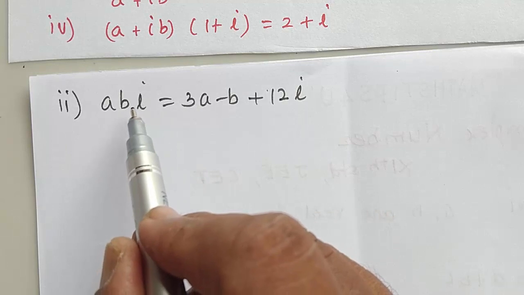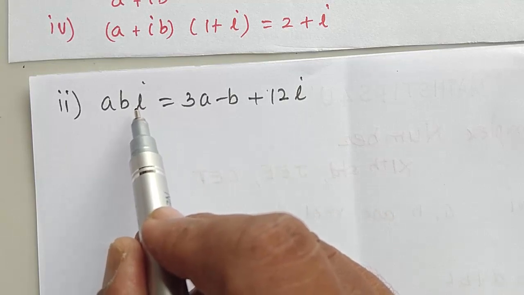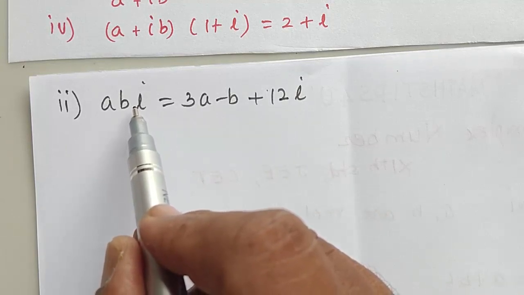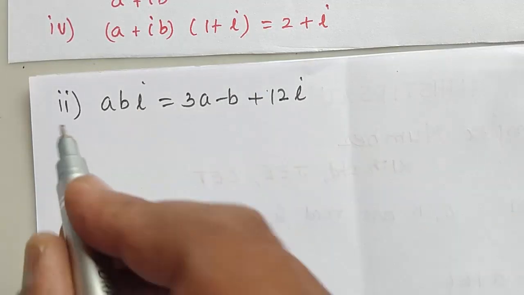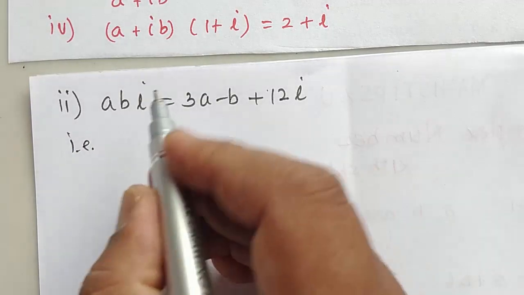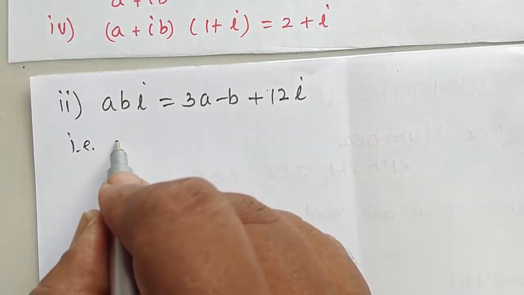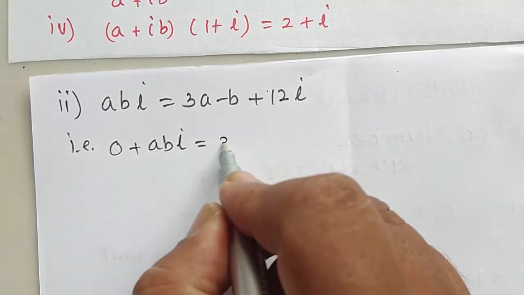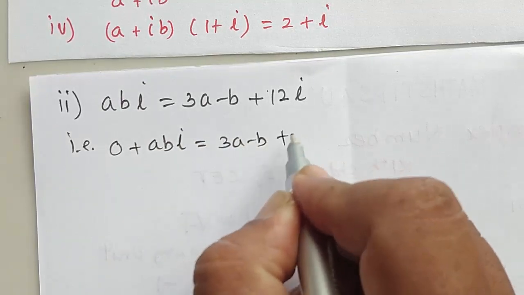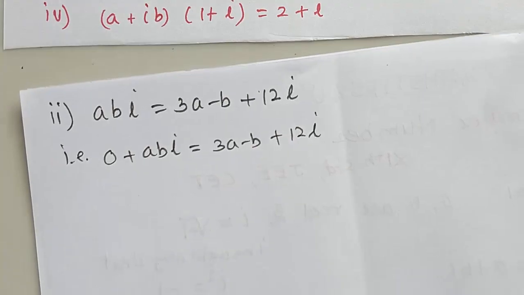So, if in a complex number the real part is not given, it means that the real part is 0. That is, we write the above equation as 0 plus a into b into i is equal to 3a minus b plus 12 into i.